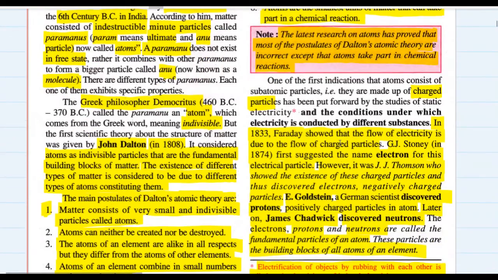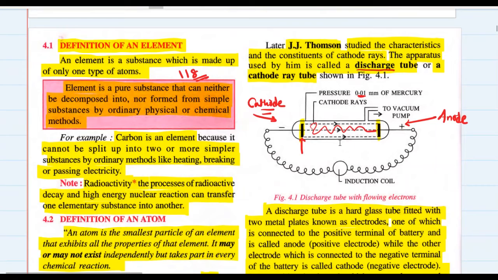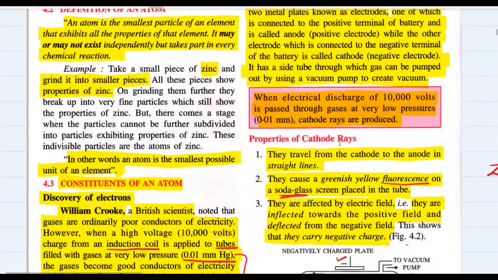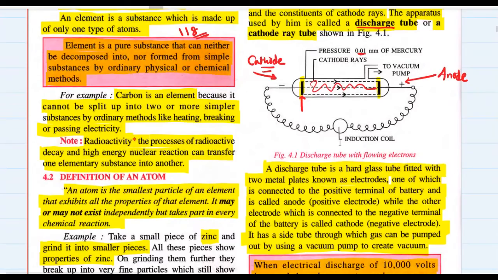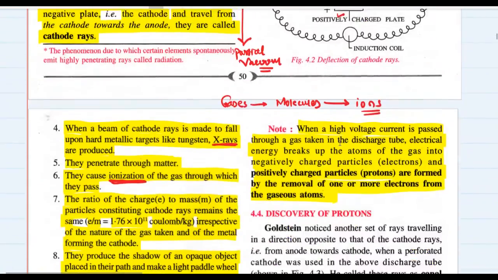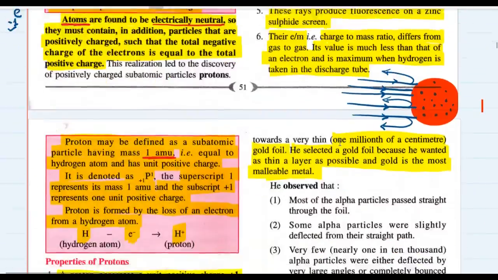And then slowly the discoveries started happening as the science and industrial revolution proceeded. Then we understood what is an element, what is an atom, and what constitutes an atom. For the first time, William Crookes saw that cathode rays could be created, and then J.J. Thomson went ahead and discovered electrons, and then there were anode rays, and protons were discovered.